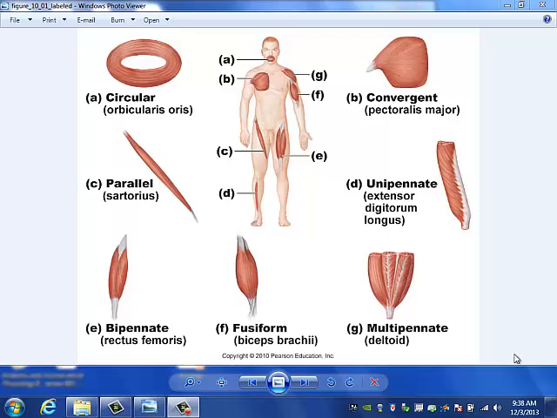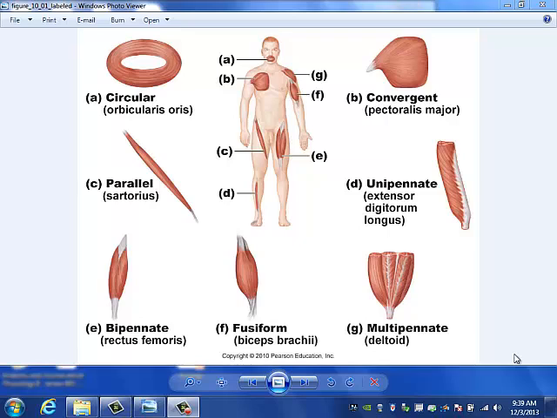Which one's the smallest? There you go. Which one's the biggest? There you go. So it could be the size of the muscle that might be in its name. I thought Maximus was a Roman. Yeah, because he was the biggest guy around, right? At least that's what they say.